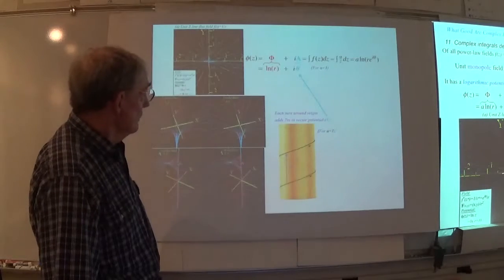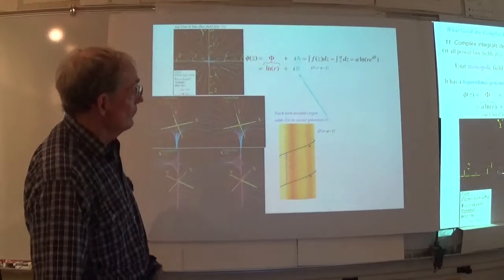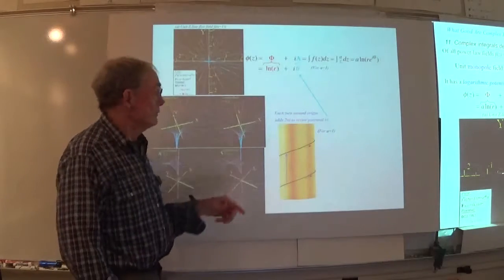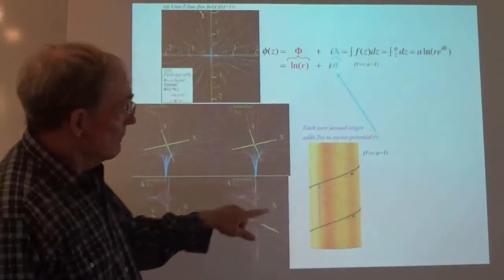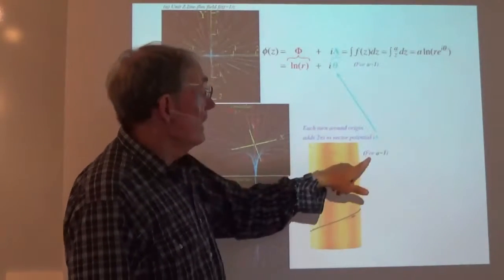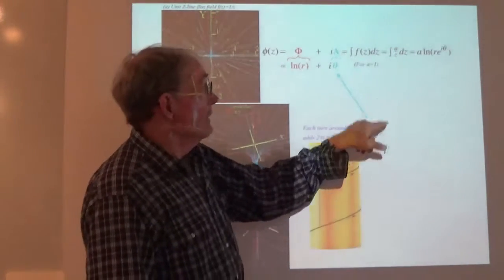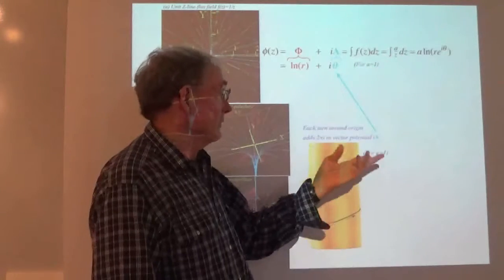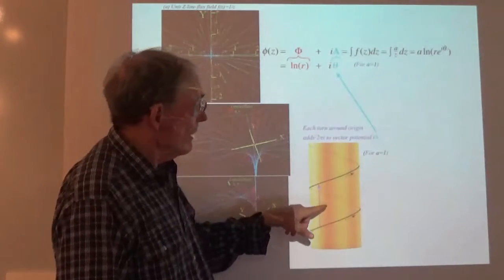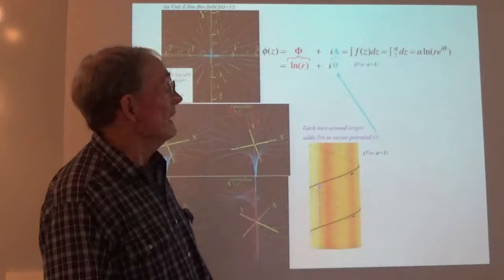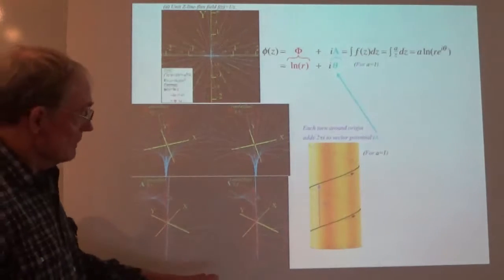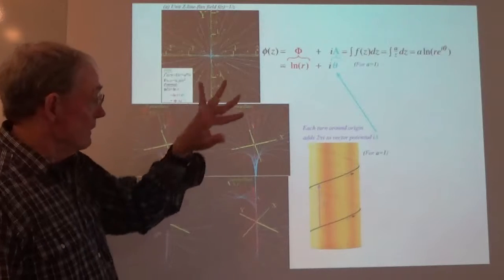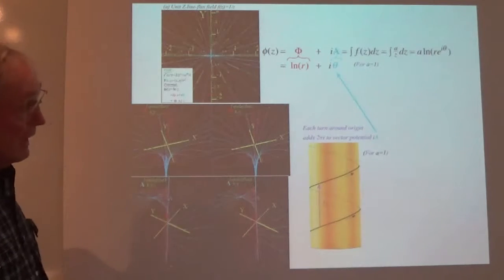The whole idea has to do with the fact that you pick up 2 pi every time you go around this thing, and that's for the constant equal to 1. Make the constant anything else, and it's 2 pi times that constant a. So we're just imagining going up a helicoid here each time we go around.